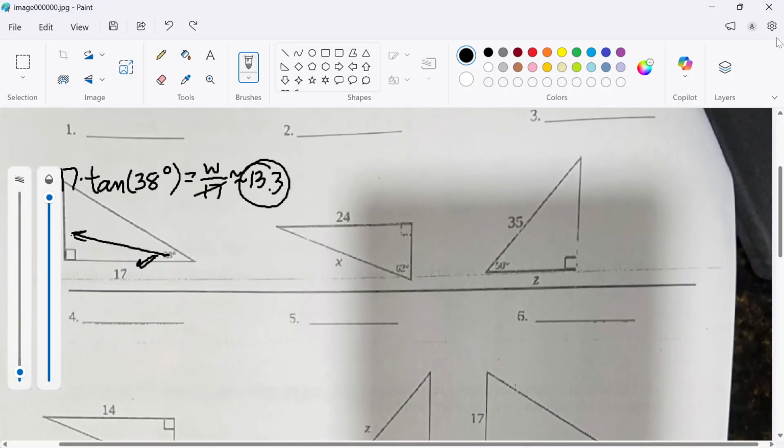So I have adjacent and hypotenuse. So I'm going to do cosine 50 degrees equals adjacent over hypotenuse. I want to do one where it's a little bit harder. So z equals 35 cosine 50 degrees.